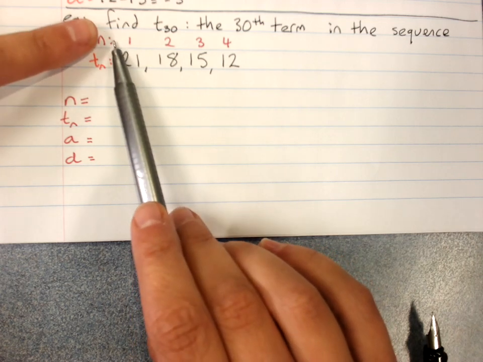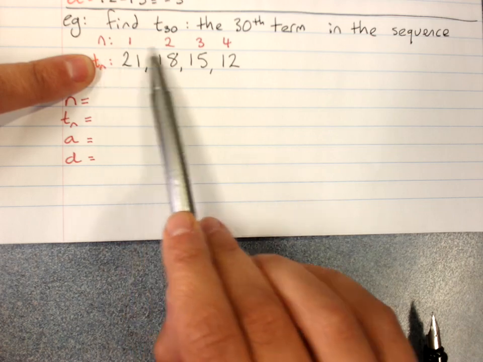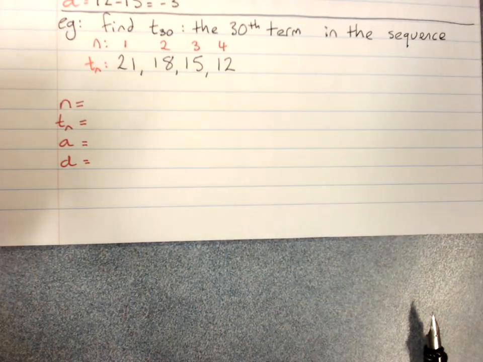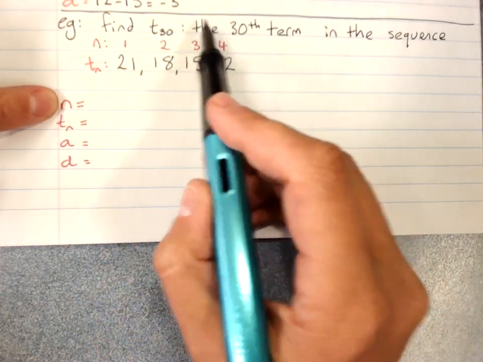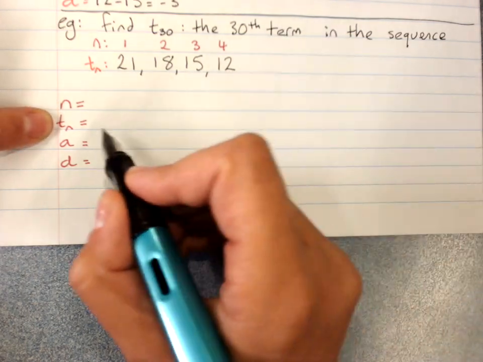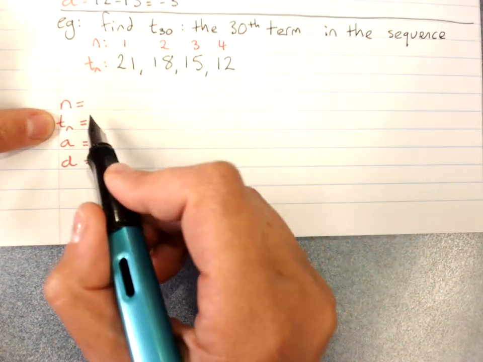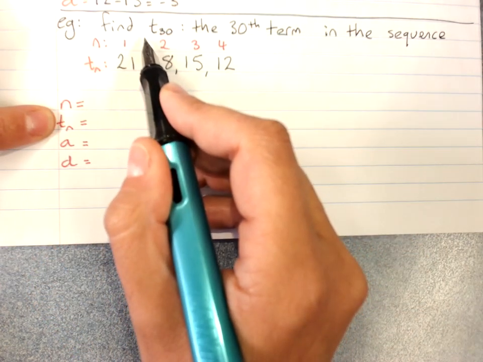Incidentally, this is kind of like x and y. This is a table of values for your number pattern. So identify what you've got. N comes from T30. So if Tn is what I want to find, they want me to find T30.